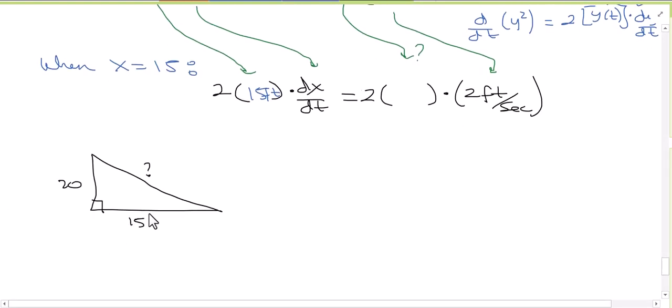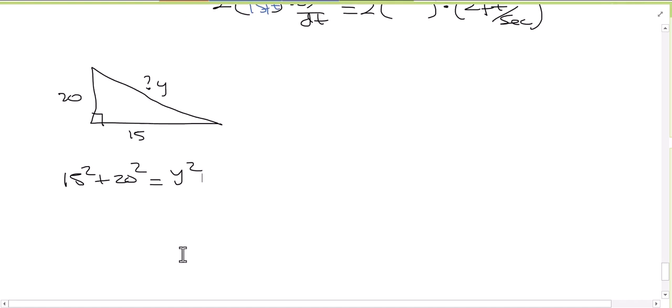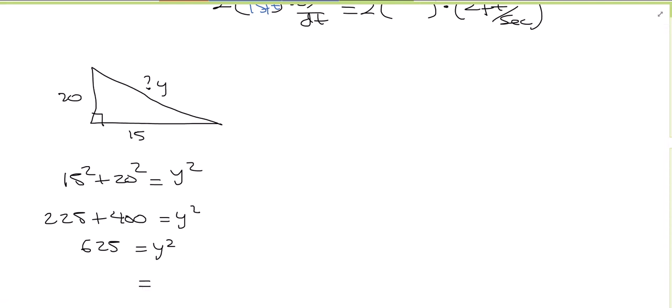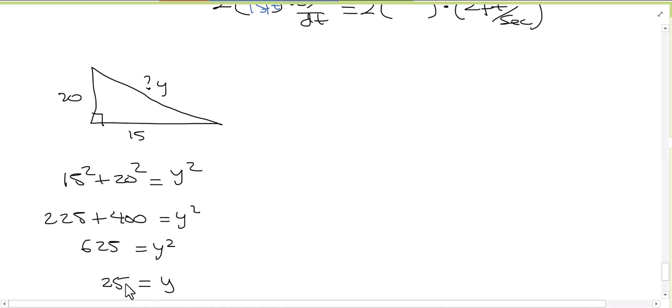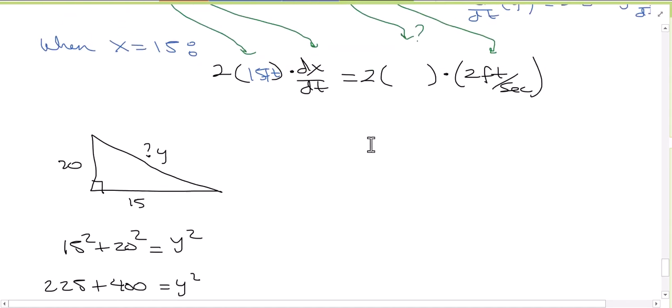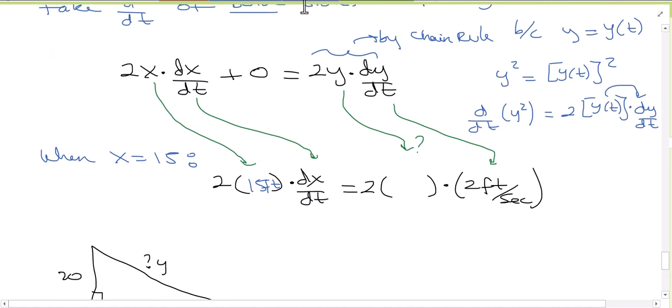So leg squared plus leg squared, so 15 squared plus 20 squared equals y squared. And so 15 squared is 225 plus 400 equals y squared, so 625 equals y squared. So what is that, 25 I think? Yep, so y is equal to 25. So when x is 15, y is 25, so we can go back over here and put that in.